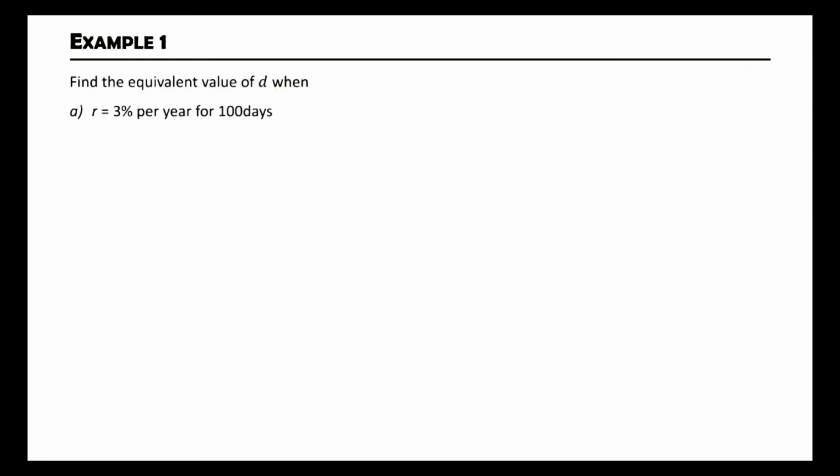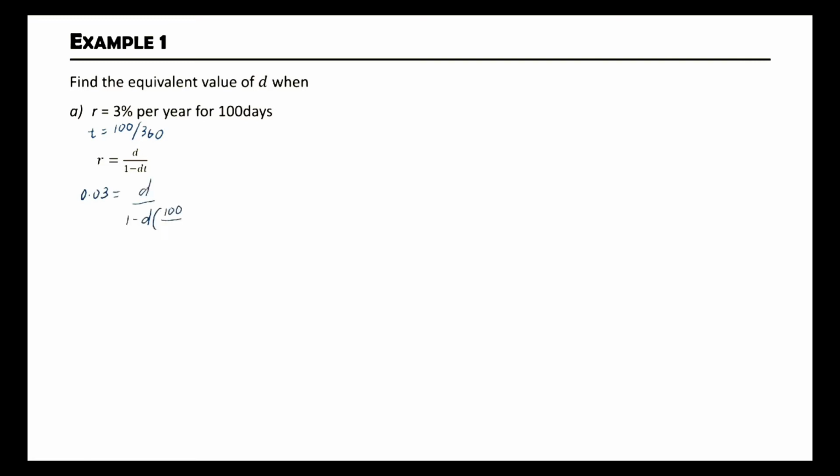Example 1. Find the equivalent value of R when d is equal to 3% per year for 100 days. T is 100 days, so we have T equal to 100 over 360. R equal to d over (1 - dt). So d is 3%, meaning 0.03, and R is what we're looking for.